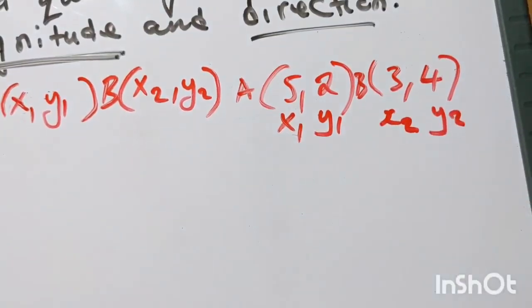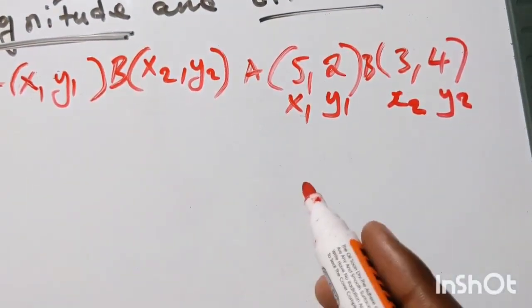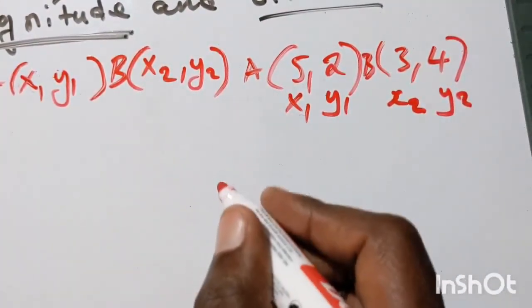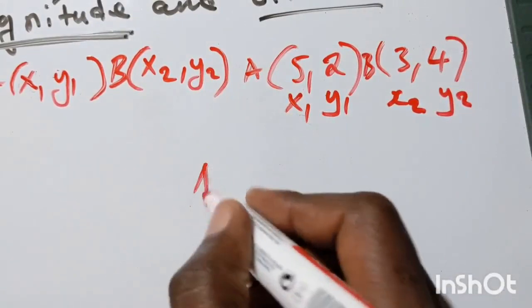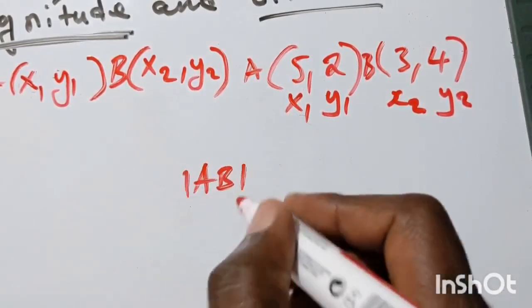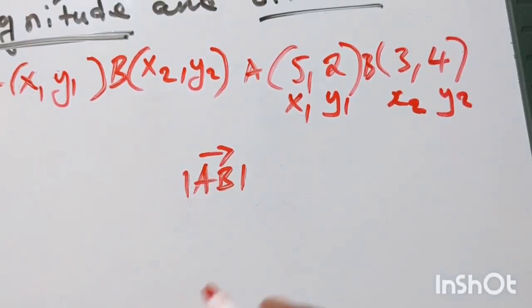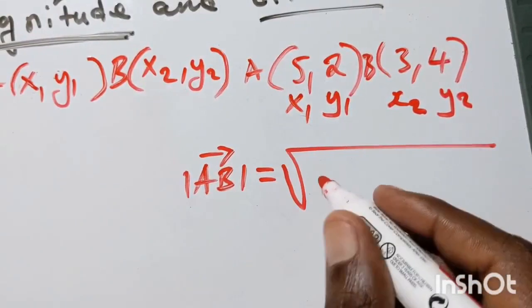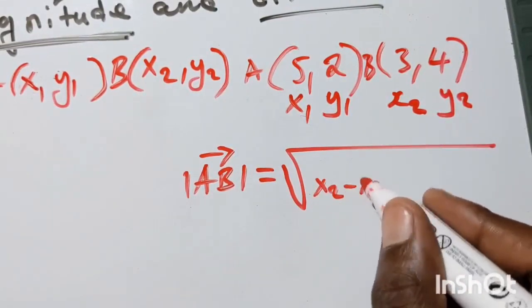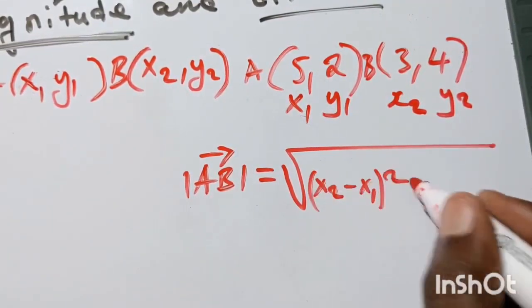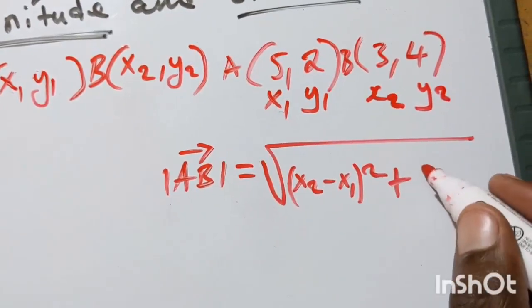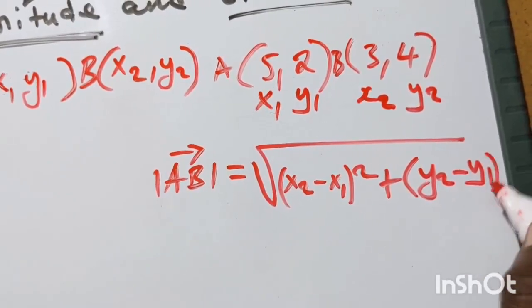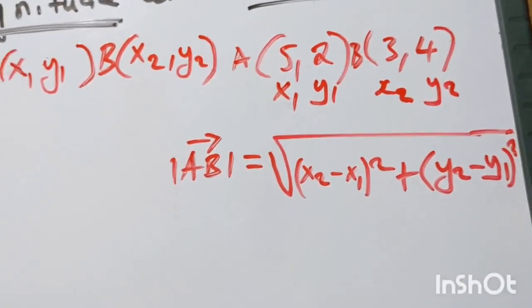If you want to find the magnitude of AB, the formula is the root of x2 minus x1, squared, plus y2 minus y1, squared.